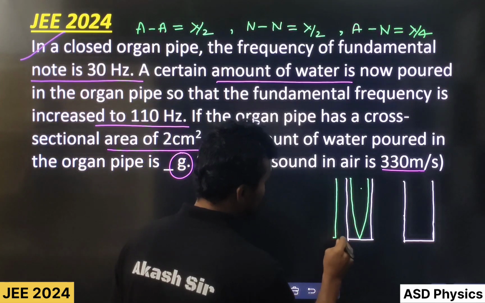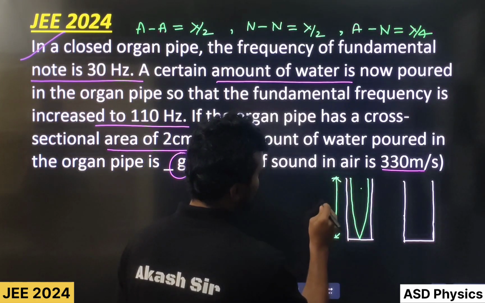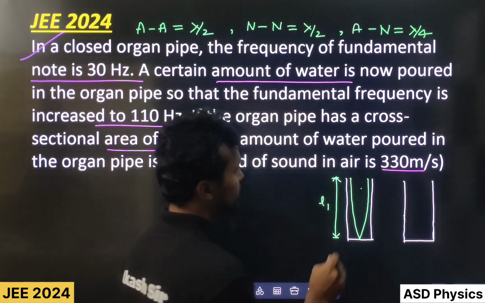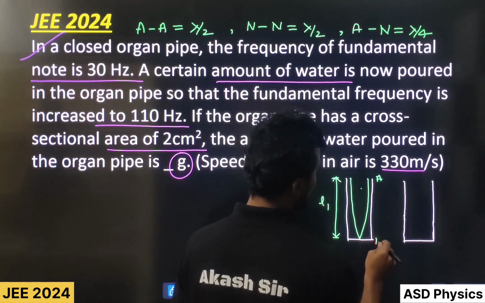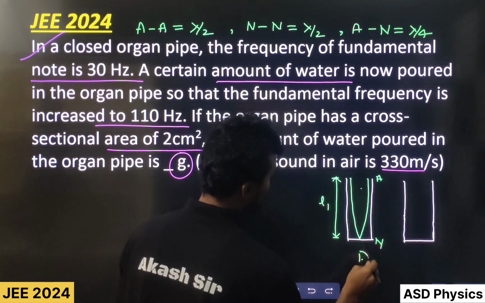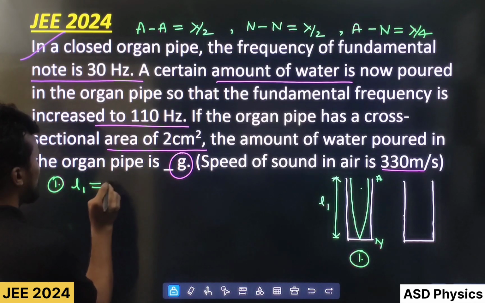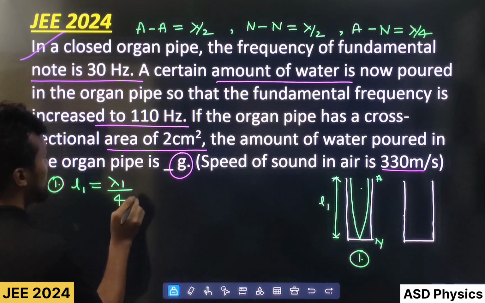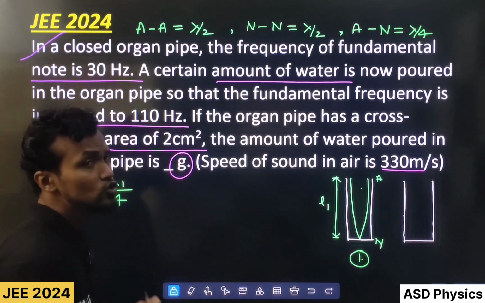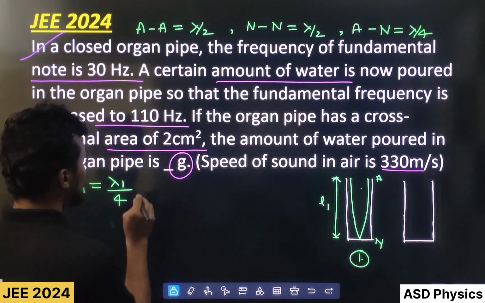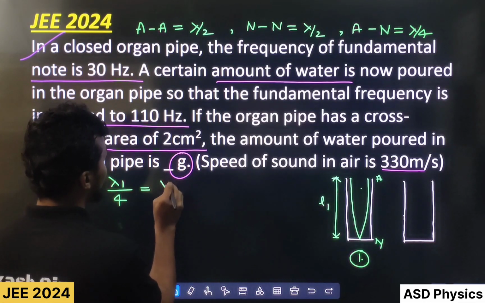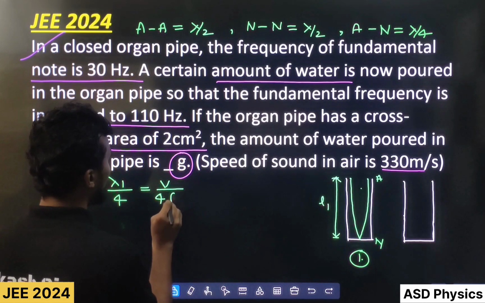So see here, let's take this distance as L1. This is the antinode and this is the node. This is situation 1. In situation 1, students, we can write L1 is equal to lambda 1 by 4, and you know V equals F lambda, that means lambda is V by F. So L1 is V by 4 F1.